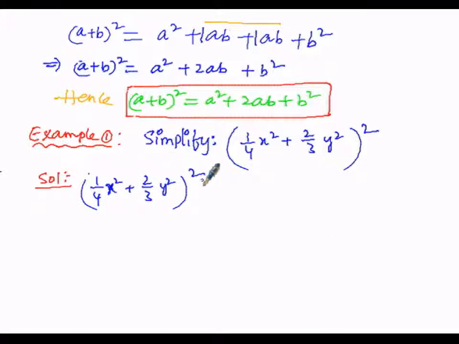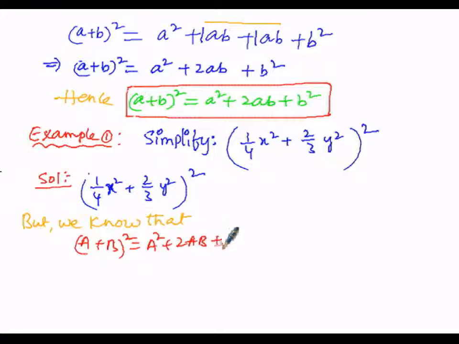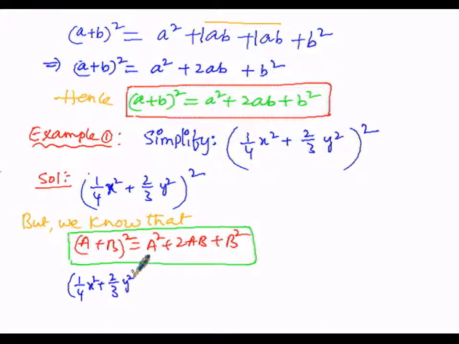So we can utilize, but we know that as per the identity number 2, that is A plus B whole square is equals to A square plus 2AB plus B square, we can find out the expanded form of 1 by 4x square plus 2 by 3 y square whole square.